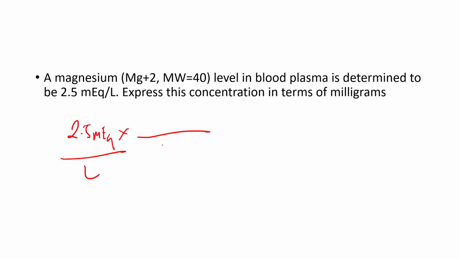Let's have valence on the bottom, which is positive 2. Molecular weight is 40. So 2.5 times 40 divided by 2, we will have milligrams.